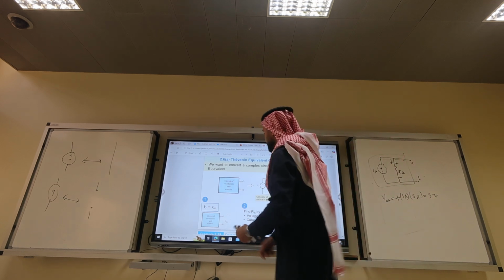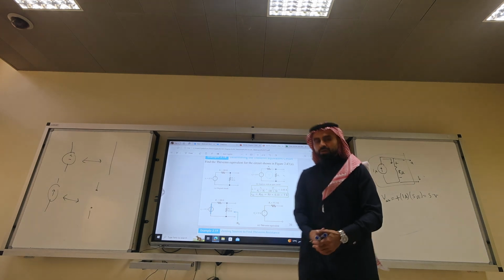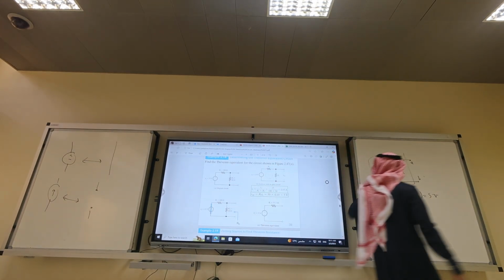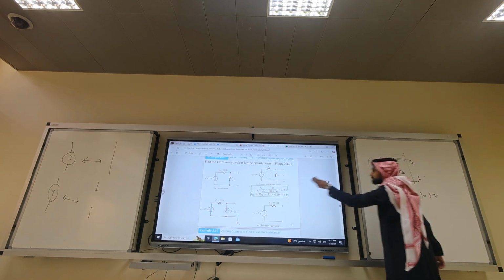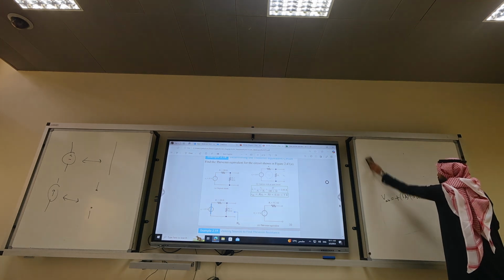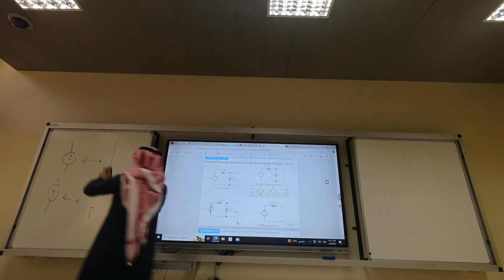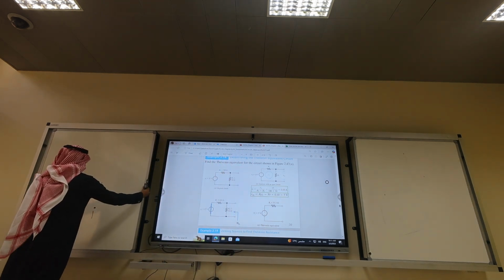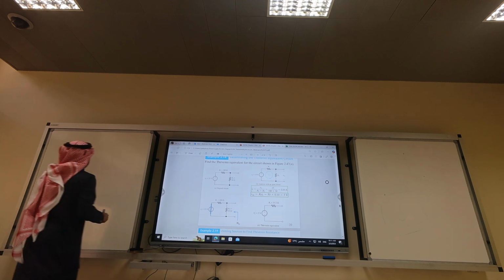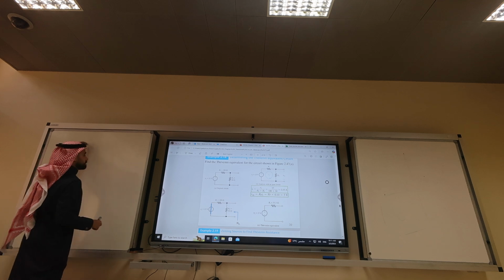I'm going to show you examples. Let's do this example, okay? Again, now we are professionals, right? Is this circuit marked? No. So what should a professional do? Put the signs. You should draw on your own, right? Let's do it. 15 volts.